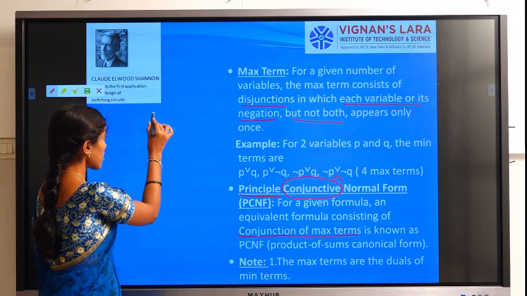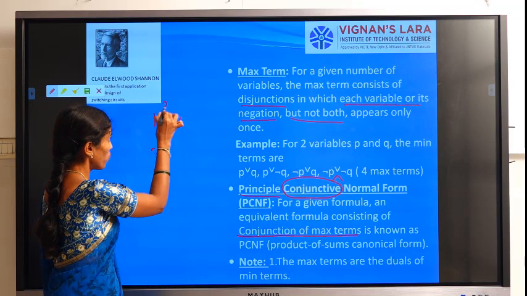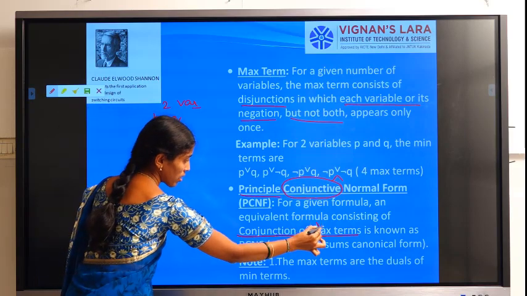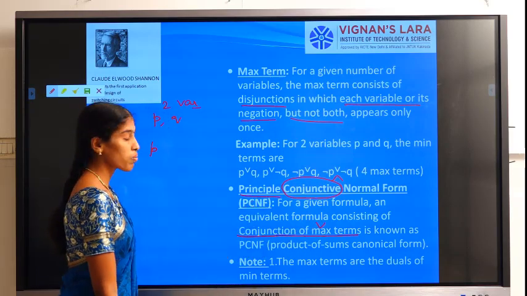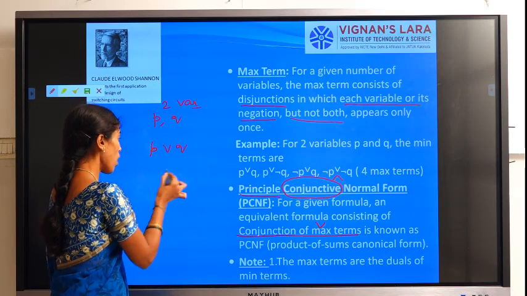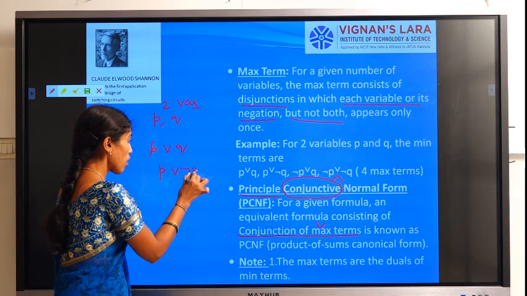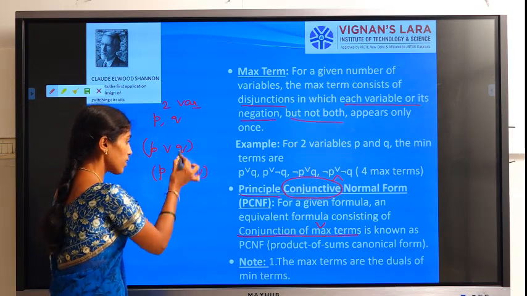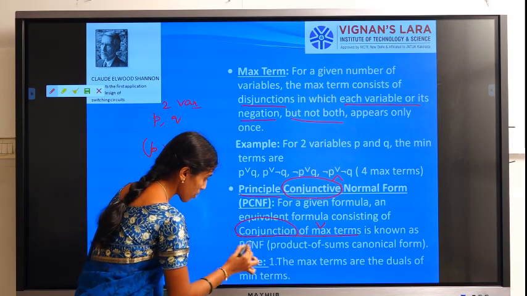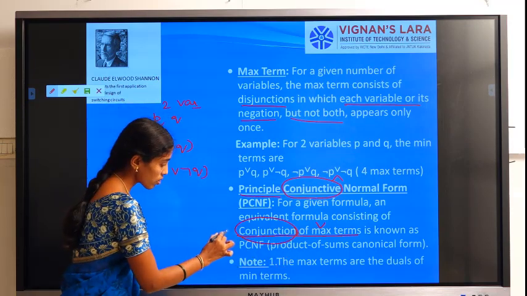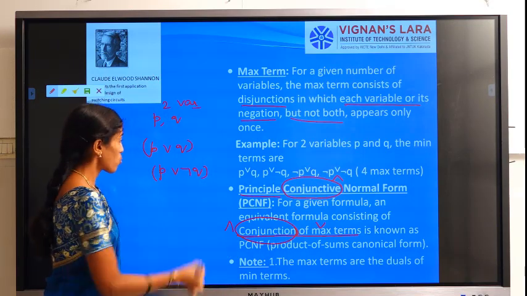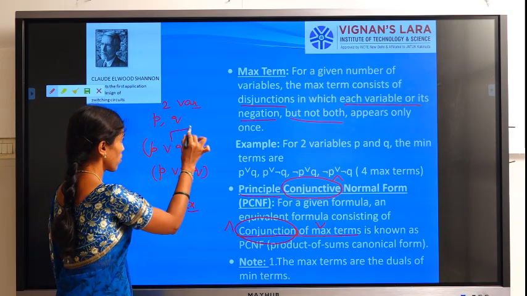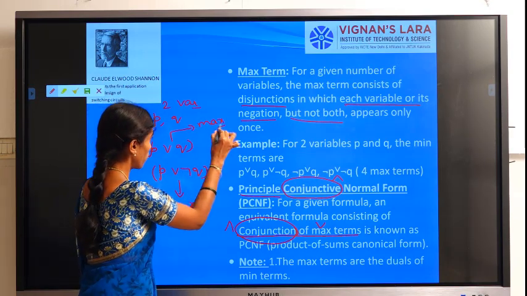If we consider two variables P, Q, max terms join the variables using the OR symbol: P OR Q, P OR negation Q. These max terms are joined by the conjunction symbol AND. So it is a max term, and it is also a max term.